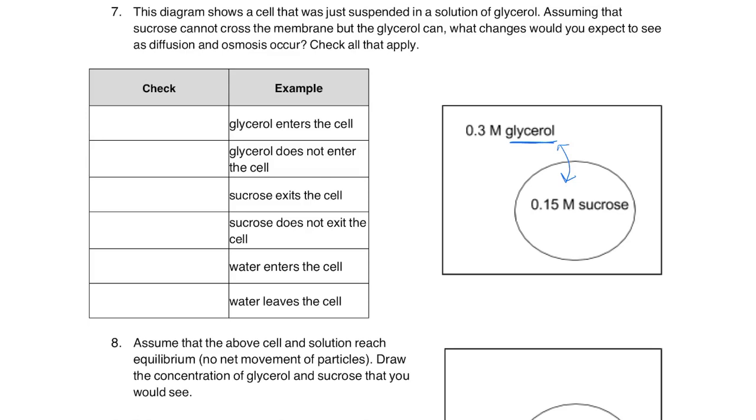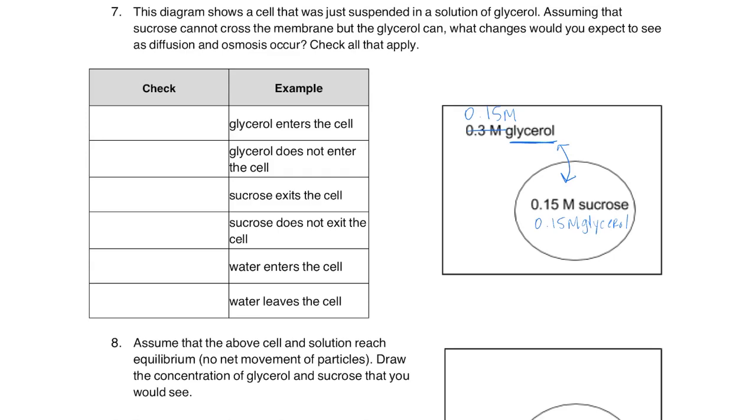So after a little bit of time, instead of having 0.3 glycerol outside the cell, we'll have 0.15 molar glycerol outside the cell, and also 0.15 molar glycerol inside the cell. That's where glycerol is at equilibrium.